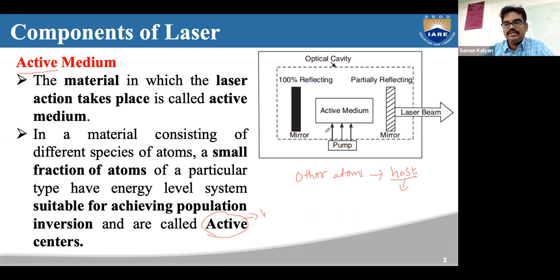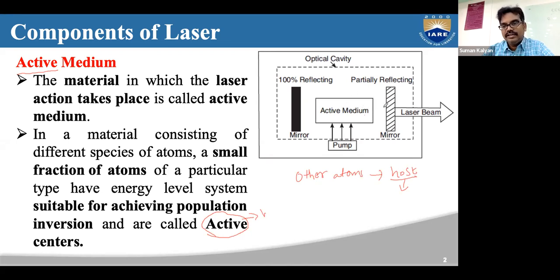This is the typical schematic diagram of a laser, where the active medium will be there, and the pump will be pumping this active medium so that the atoms can be raised to the higher energy level.